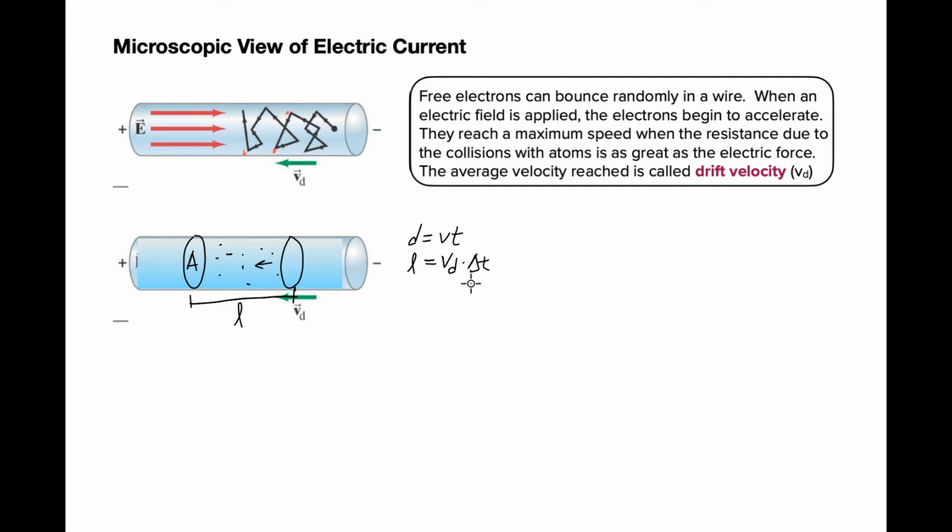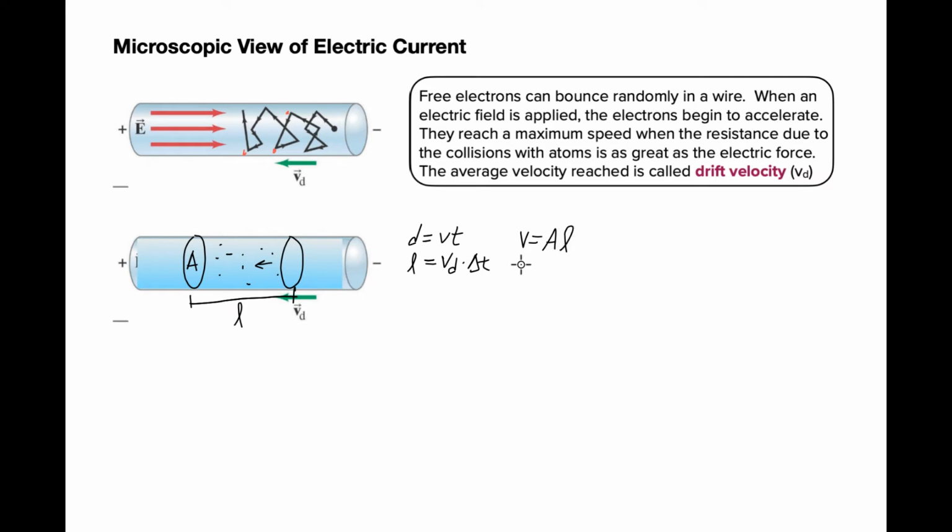In a certain amount of time, these electrons would drift through this length. Now this length, and we have an area, means that there is a volume. So we have really a volume of electrons here. Volume is going to be area times that length.